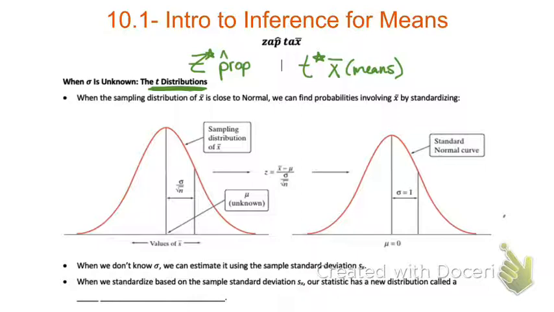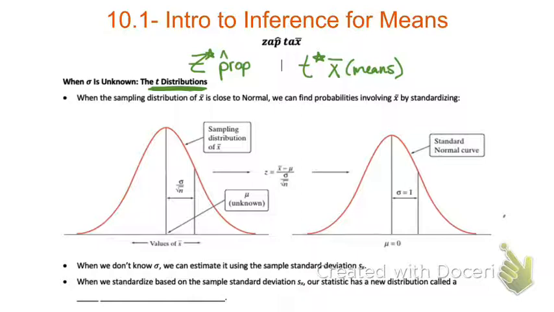I need a different distribution that accounts for the fact that we've got two levels of variability, x bar and S sub x. We knew we didn't know p, we know we don't know mu, but we also don't know sigma. So that's a second level of unknown.